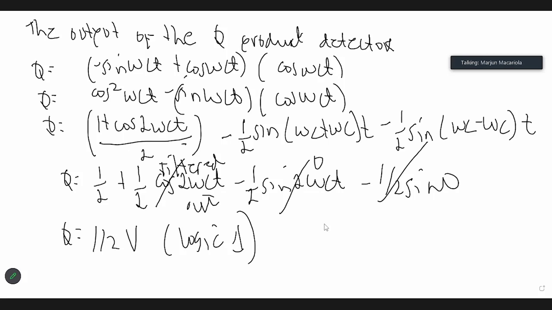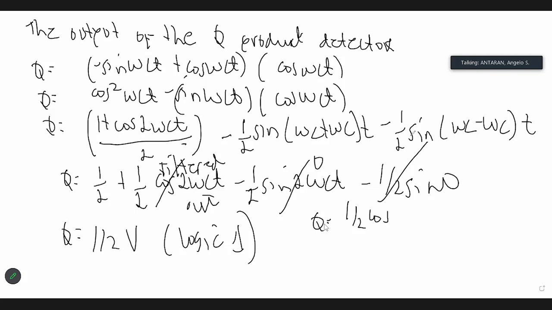Nagets po ba? Question? Sir, question po, sir. Why is the cosine 2 omega ct always filtered out? Okay. So, di ba, what are the angles that we get? In QPSK, what are the four? 45. 45, 135.